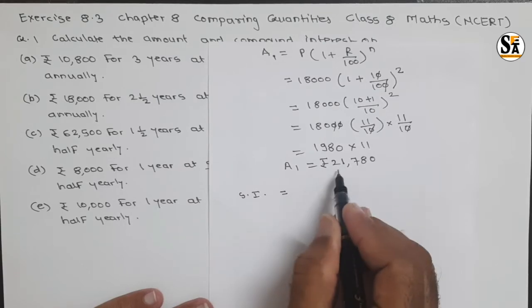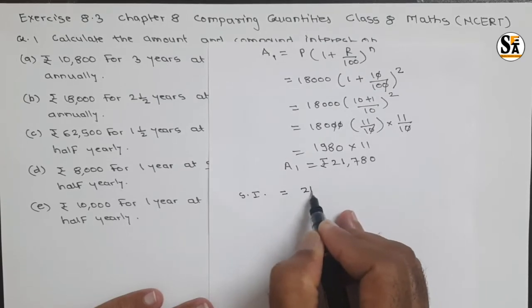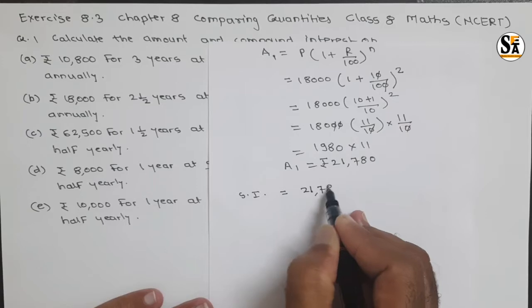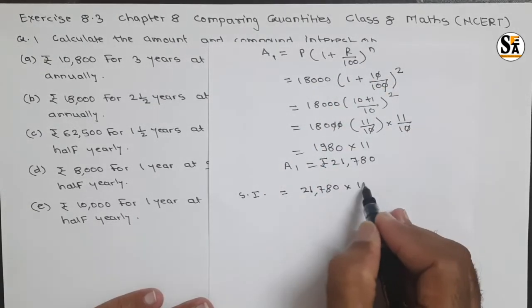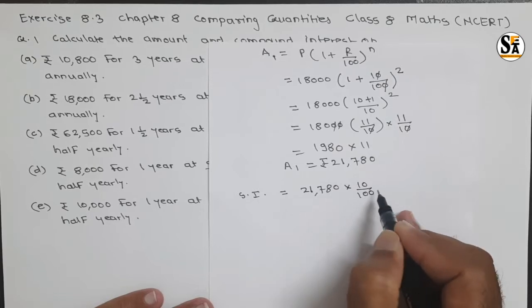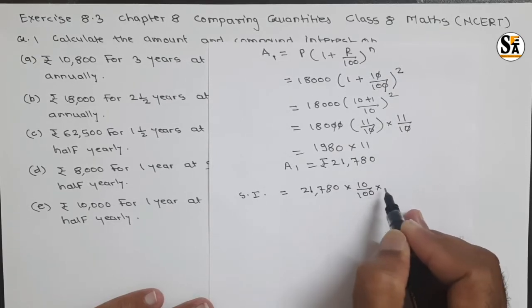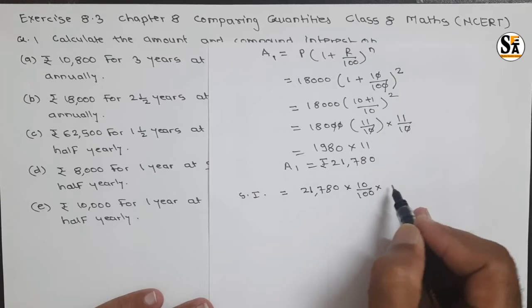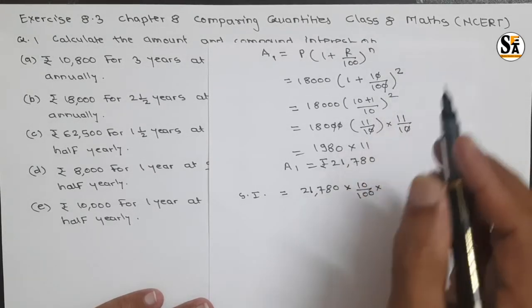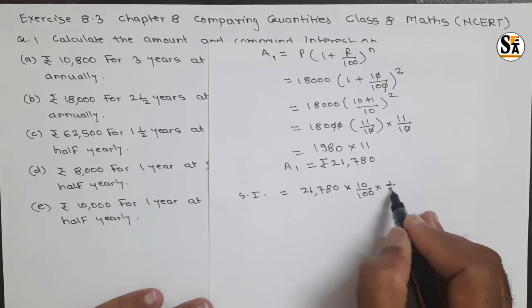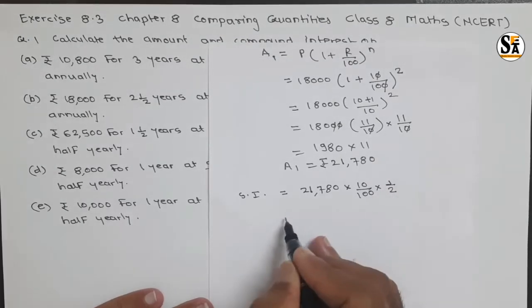What is the principal amount? 21,780. And what is the rate of interest? 10%, 10 divided by 100. And what is the duration? Here it is only half year, because first we have considered 2 years. So here remaining will be half year. So this will be the formula.